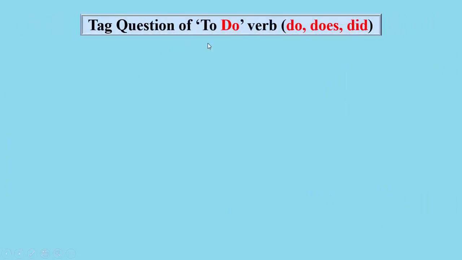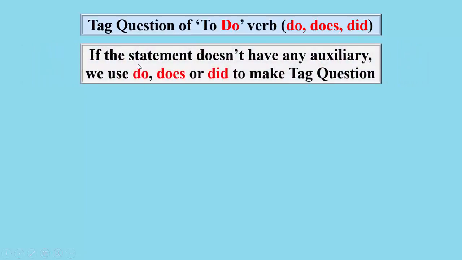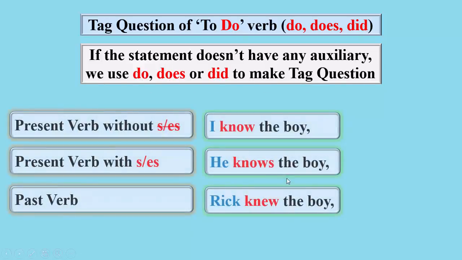The tag question of the to do verb. Now let us see the tag question of the to do verb: do, does, and did. If the statement doesn't have any auxiliary, we use do, does, or did to make the tag question. Look at the sentences. I know the boy. He knows the boy.